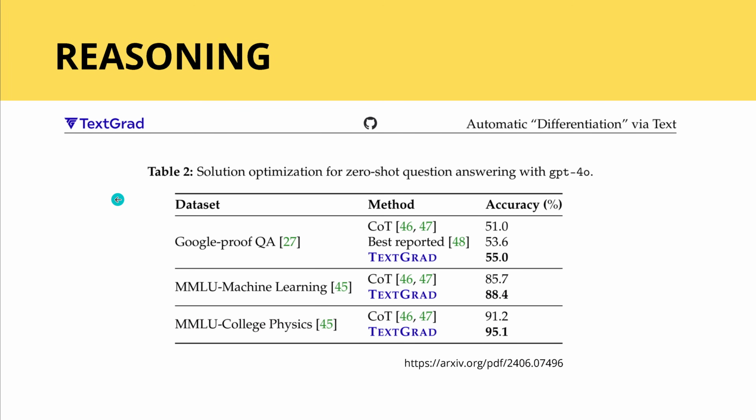Yeah, let's come to the result. Reasoning. Here the official table 2 from the documentation by Stanford University, solution optimization for zero-shot question answering with GPT-4 Omni. There's this famous Google-proof question and answer dataset, and with a chain of thought, GPT-4, so if we say, hey, restrict yourself to chain of thought, we have an accuracy of 50%.